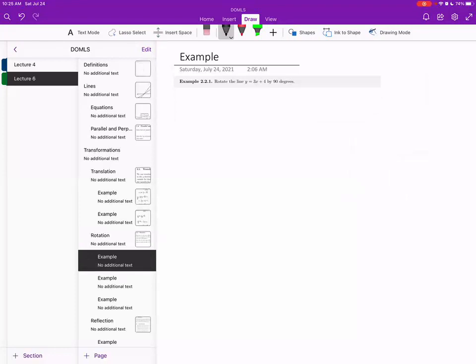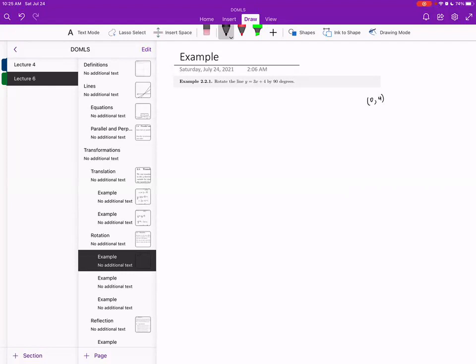You would essentially have to do this rotation twice with 2 points on the line, rotate them 90 degrees, and then find the new line through those 2 points. But let's just rotate this line, y equals 3x plus 4, through the point 0, 4, which is just the y-intercept.